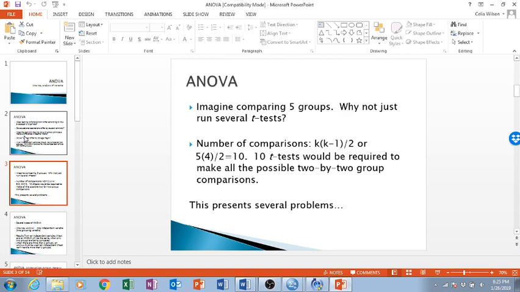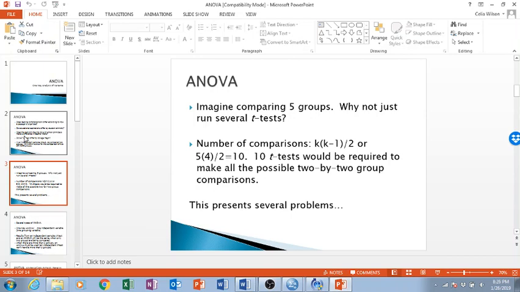All right, so the question is sometimes, why not just run several t-tests? If you have 5 groups, you could do all the possible pairwise comparisons, 2x2 comparisons, and run several t-tests.